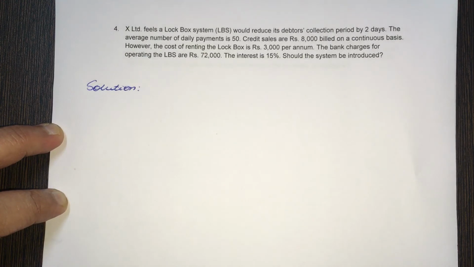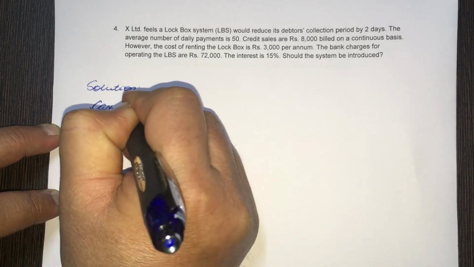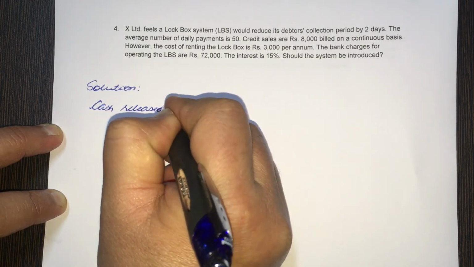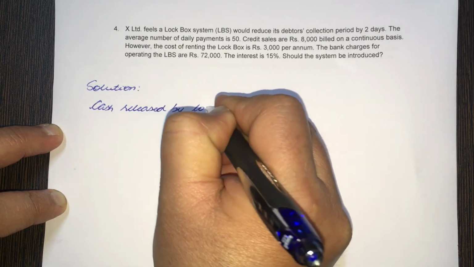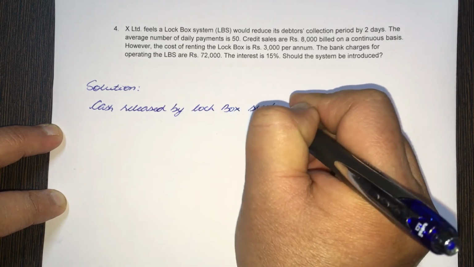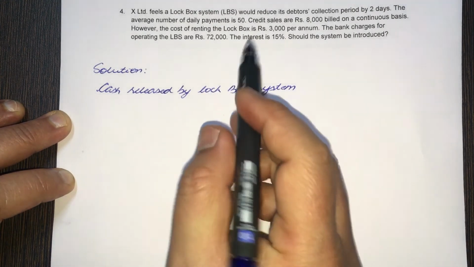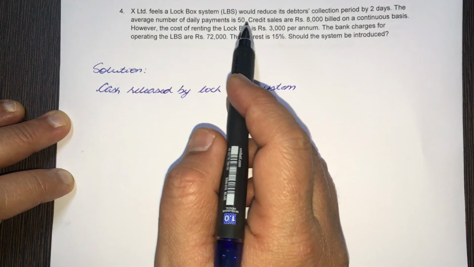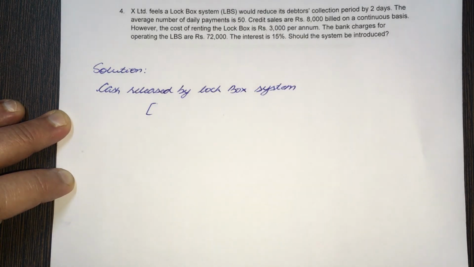Okay. Now, cash released by the lockbox system. What is the cash release through this lockbox system? Every day you have 50 daily payments, and your credit sales are 8,000 rupees.